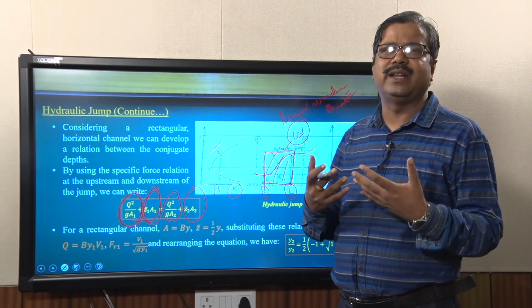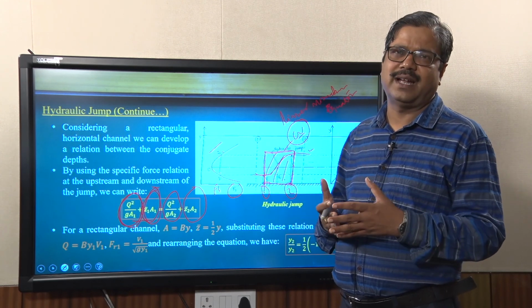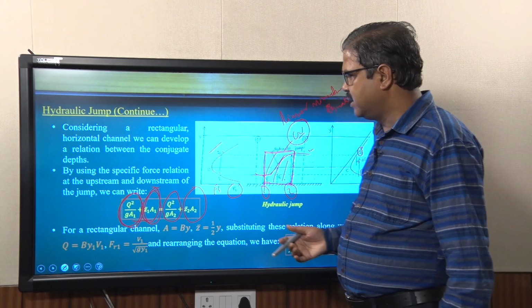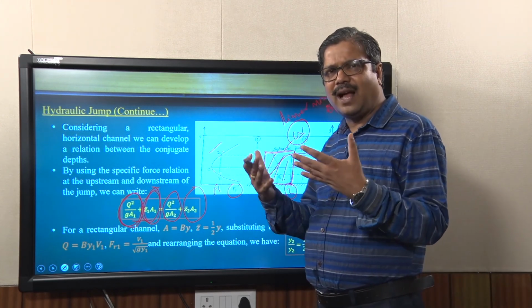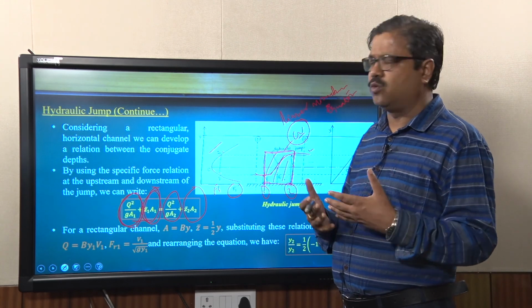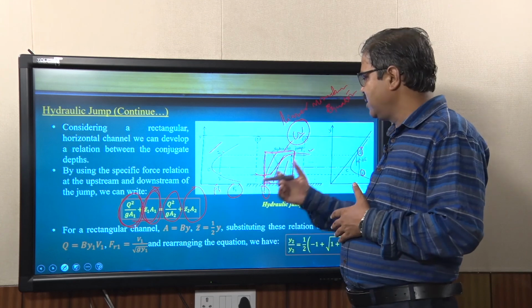So, in the case of hydraulic jumps, we use the specific force concept, or the linear momentum equation, because there are no significant other forces other than the momentum flux and the pressure forces. We equate the specific force at section 1 and section 2.